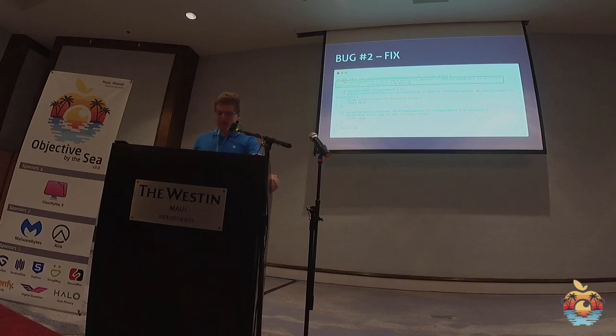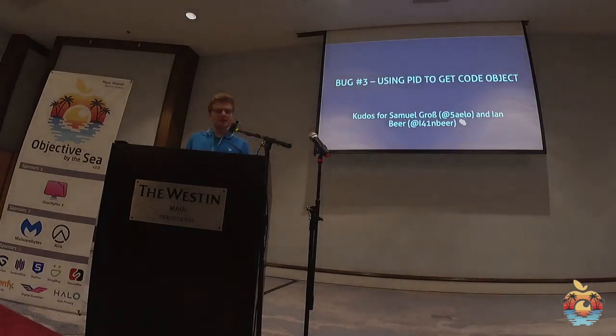All right. The third category of bugs is using process identifier to get the code objects. And here I wanted to thank Samuel Groß, who is not present, as you can see now, and Ian Beer for sharing their research on it, showing that process identifiers are not really reliable to create code objects.